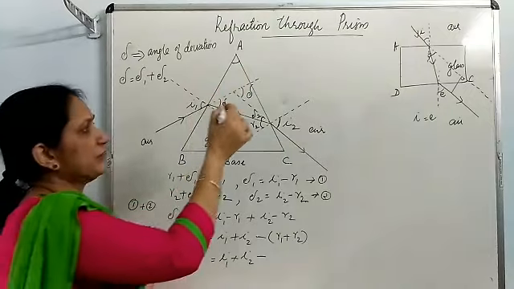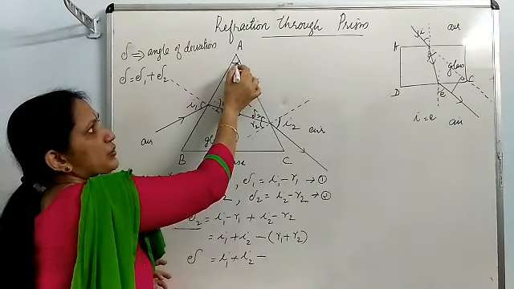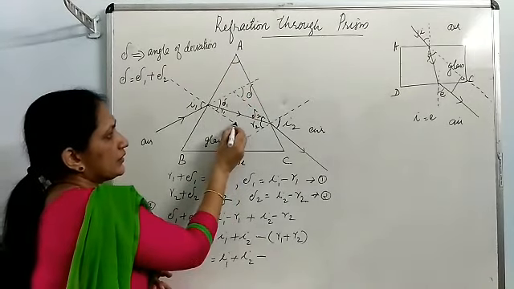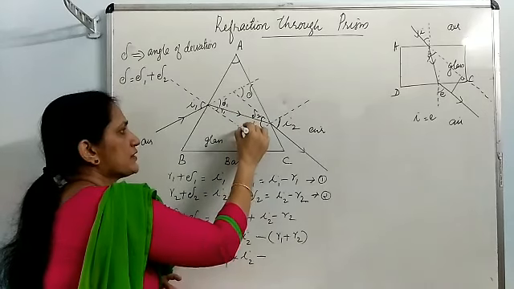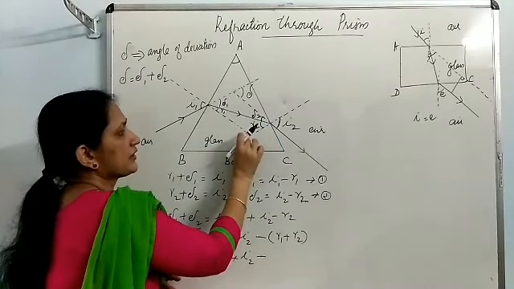You can prove mathematically that R1 plus R2 comes equal to A. The proof goes like this. If you extend it, you will get an angle here.